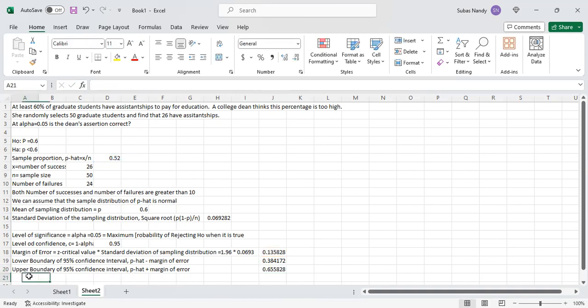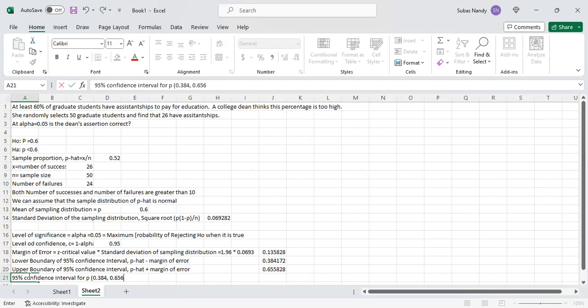So the 95% confidence interval for P can be written as between 0.384, that is the lower boundary, and the upper boundary is 0.656, you might say.